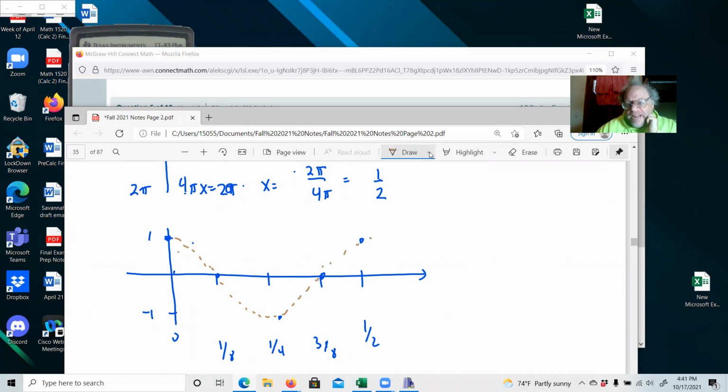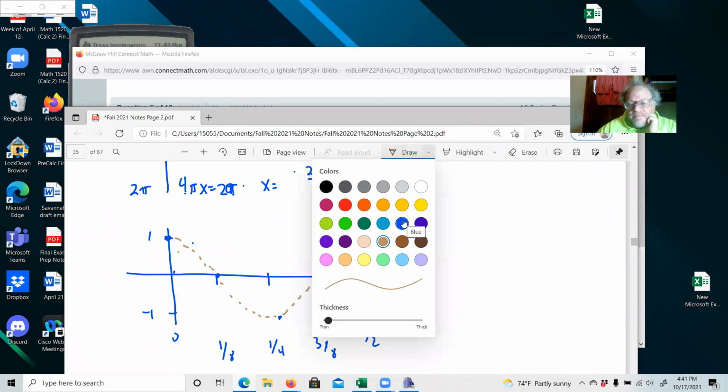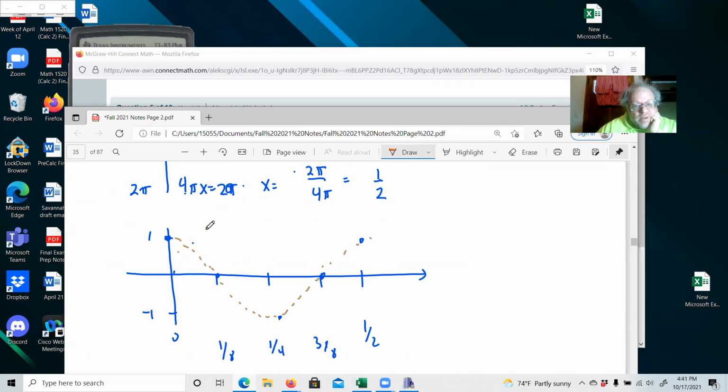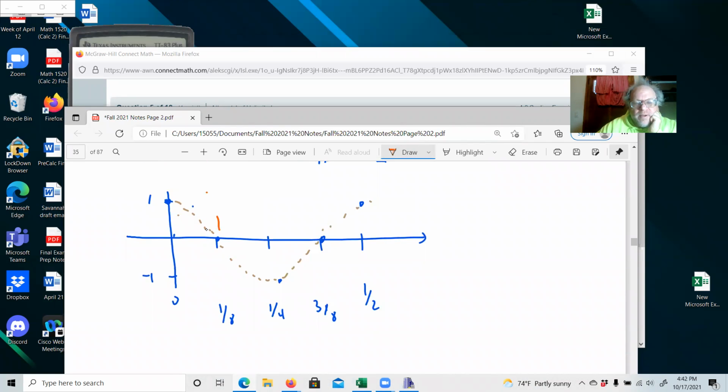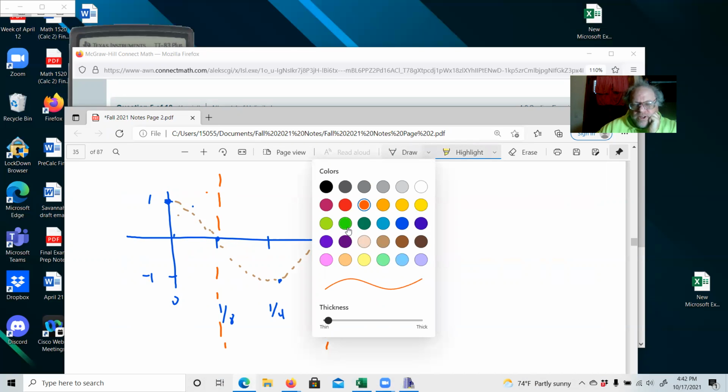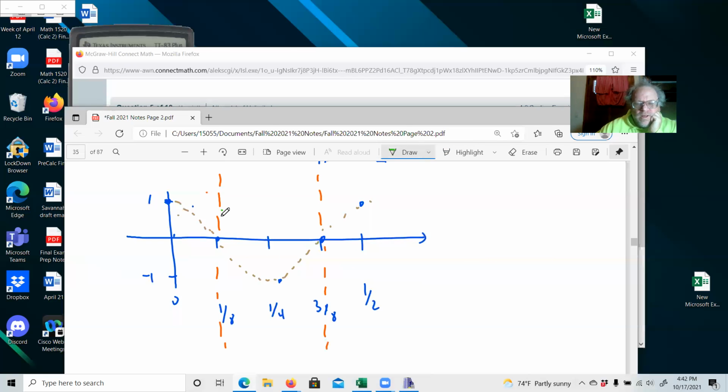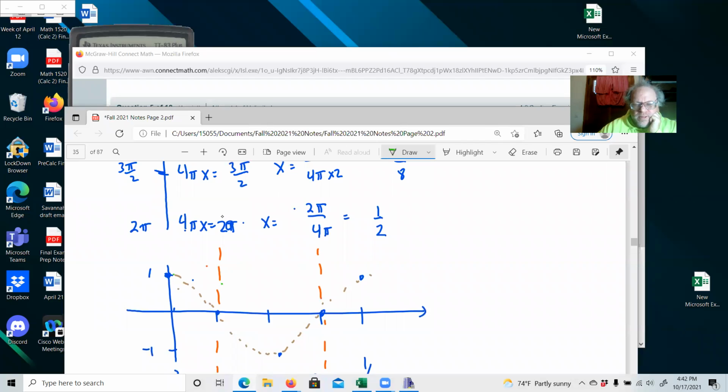Now when I go to dot in my secant, we've got my asymptotes. Now we're going to just dot in our values here. My secant is going to look something like this.